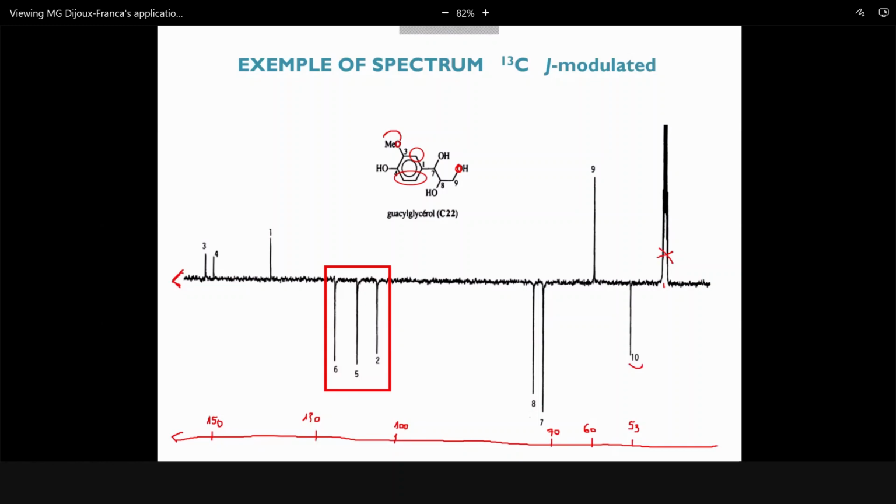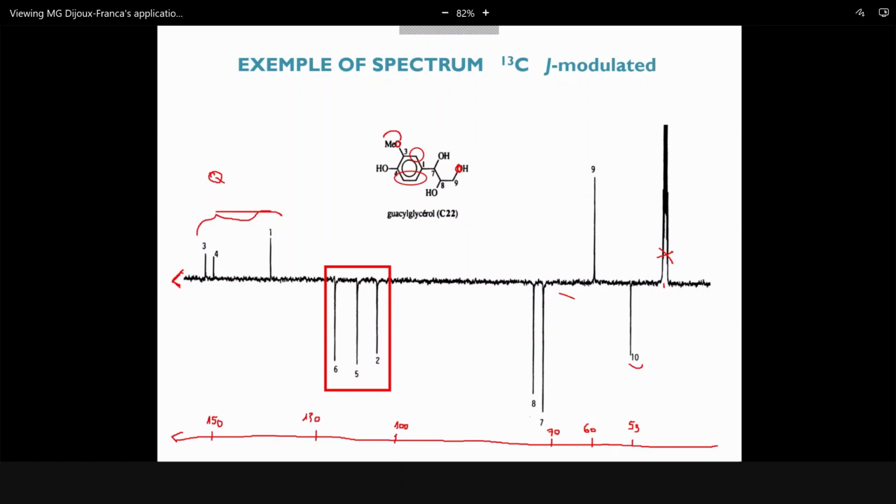with this kind of spectrum, it's easier for us to identify the type of carbon, if they are quaternary, CH and CH3. For example, here, the last one, you see the height is very much smaller than the others. Then I knew that they should be quaternary carbon.